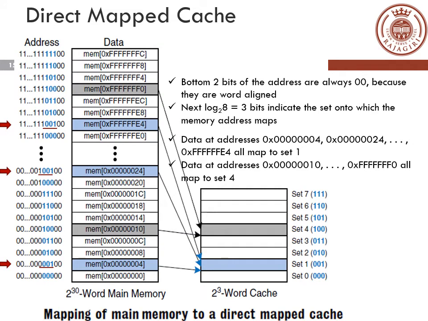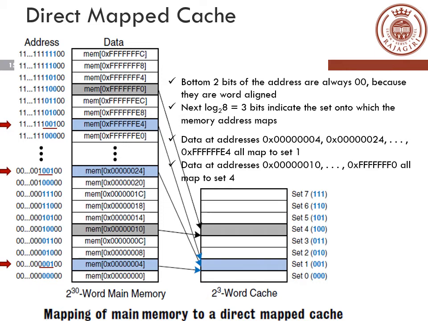Now you can see the main memory, which has 2 raised to 30 words, with its corresponding addresses on the left side, and on the right side you can see the cache memory. As the size of the cache memory is small, in this example you have 2 raised to 3, that means 8 words in the cache memory.